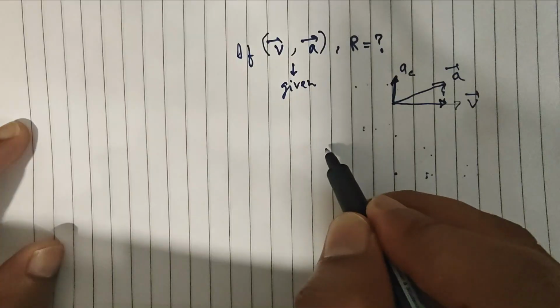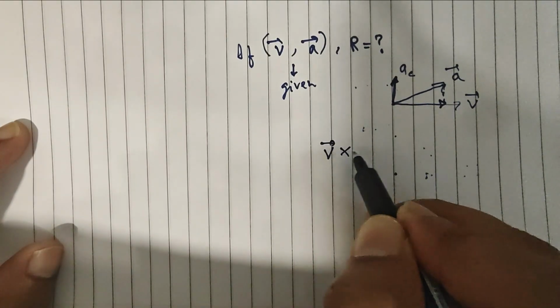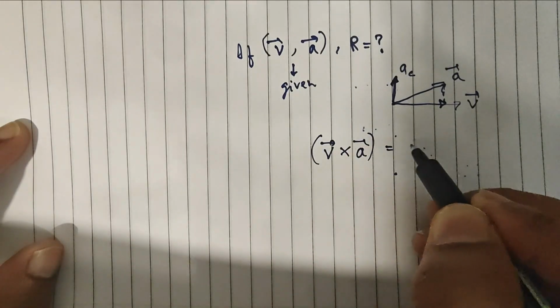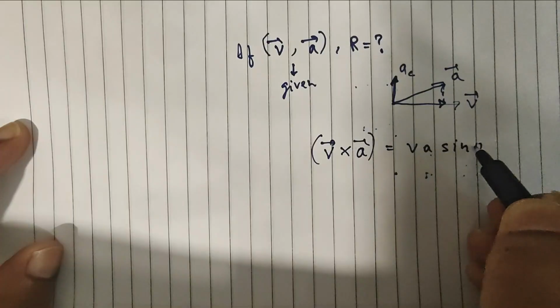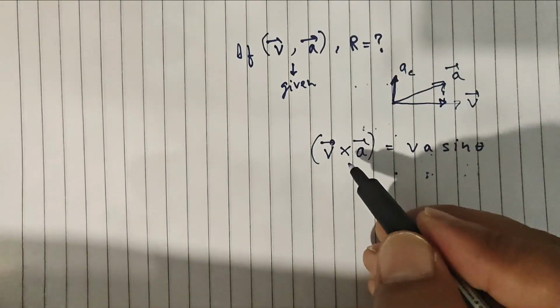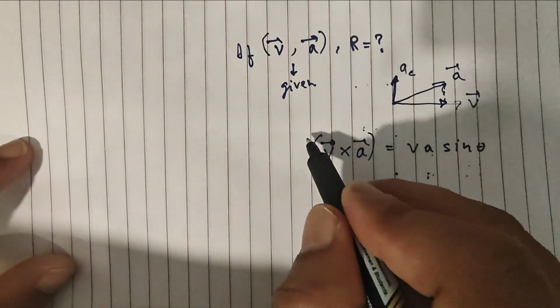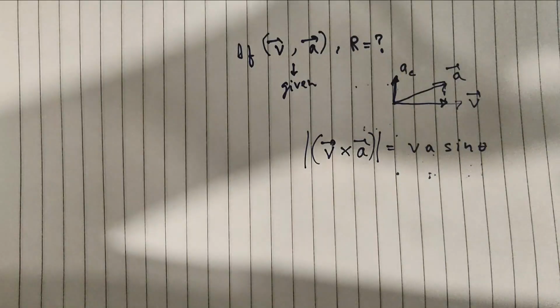Well, if I take the cross product of V and A, let's see what we will get. This is VA sine theta with some unit vector, right? You know the formula A bar cross B bar is AB sine theta, some unit vector. So if I put modulus, then I don't need to write the unit vector, isn't it?